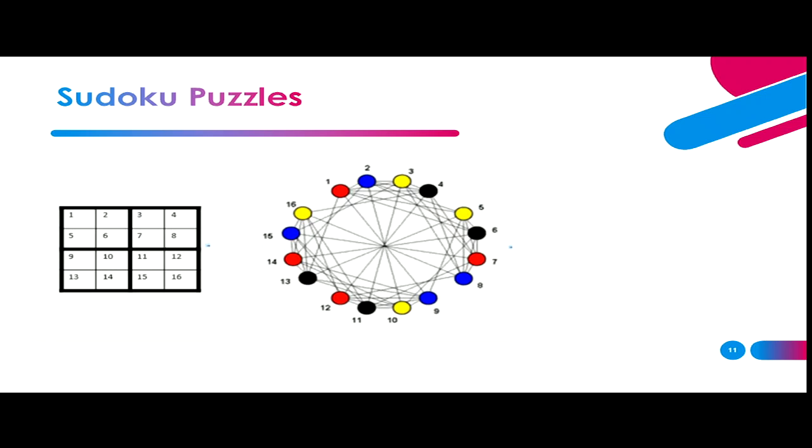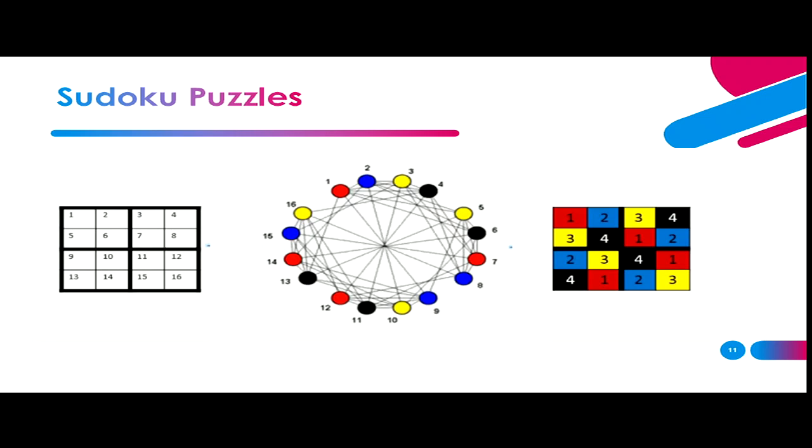Then 1 also has edges to 5, 9, and 13, that's in one column. Then it also has an edge to 6, so that's in one box. After we have come up with this colored graph, we can get the Sudoku puzzle. Each row, column, and box will have 1 to 4 appear exactly once. That's how we can solve the Sudoku puzzle.